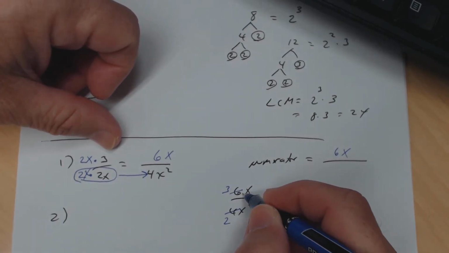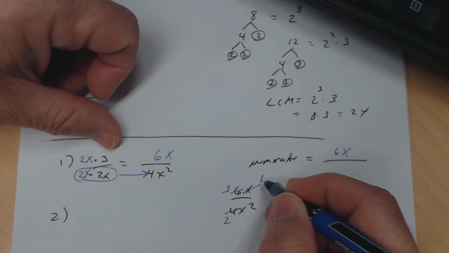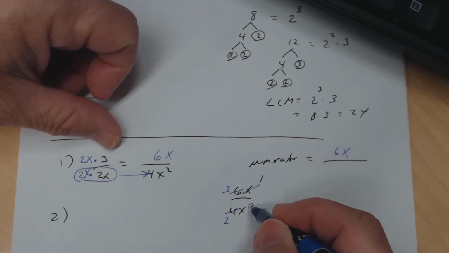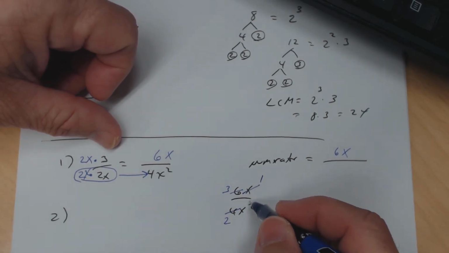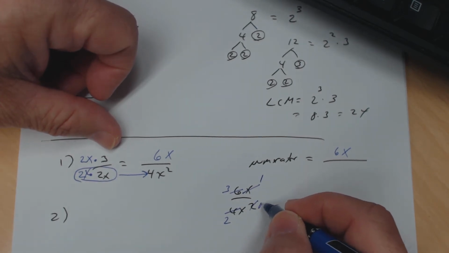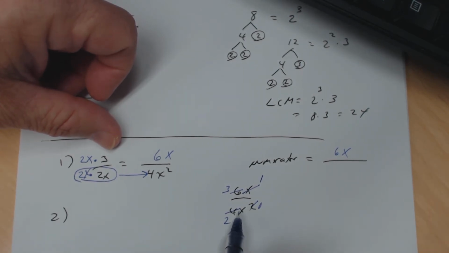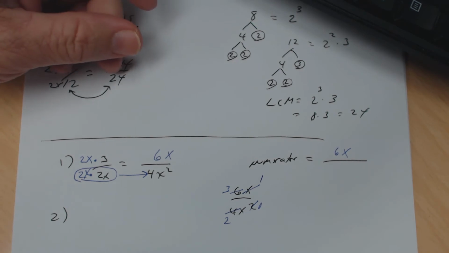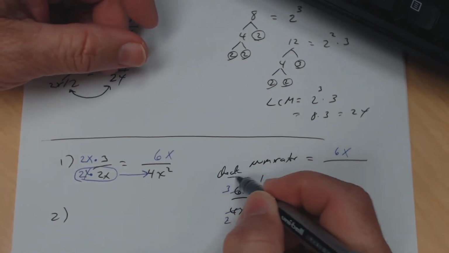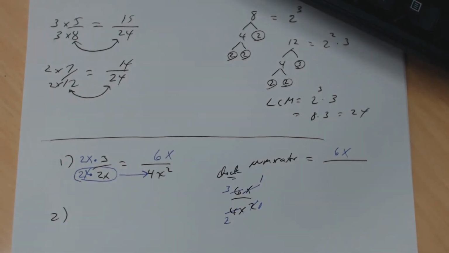So I'm going to simplify, divide all this out with a factor of x. When I simplify the two factors of x, I'm left with one of them. So I get 3 over 2x, which is what this was. Okay, so you can always check your work.